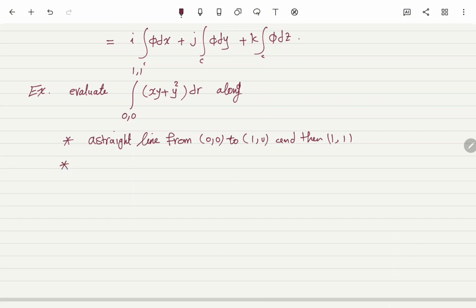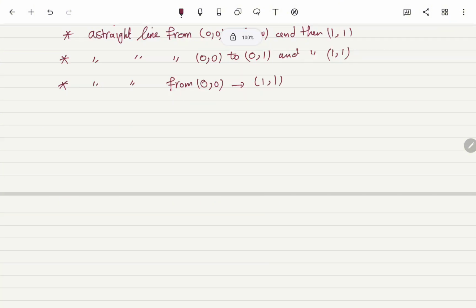Now the second is a straight line from 0 0 to 0 1 and then 1 1. The last one is a straight line from 0 0 directly to 1 1. Now let's start with the first one.